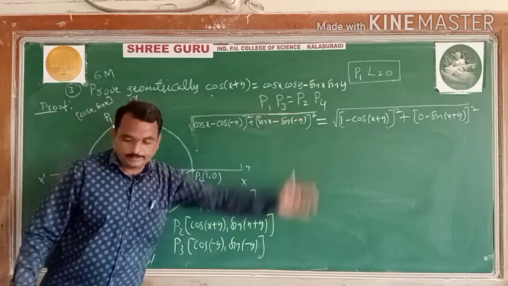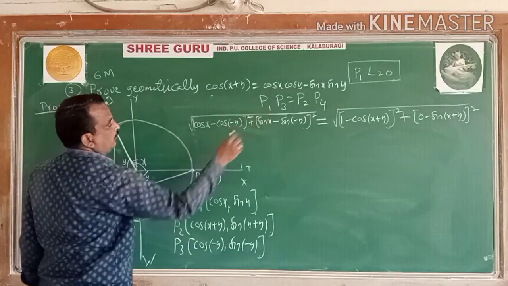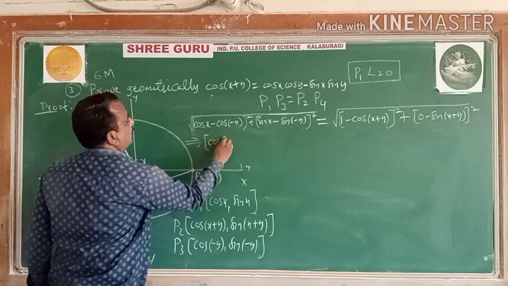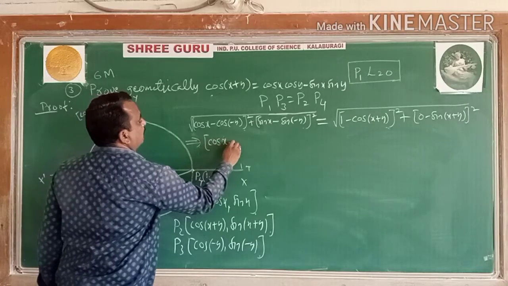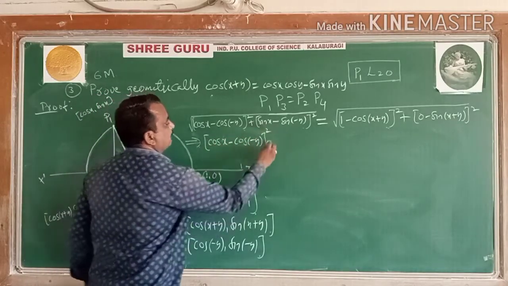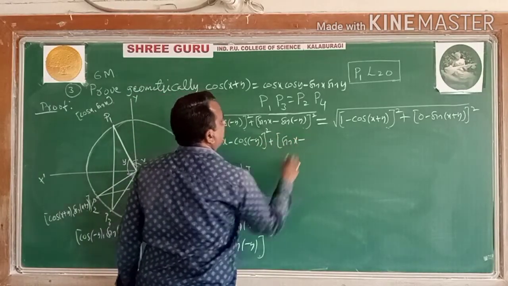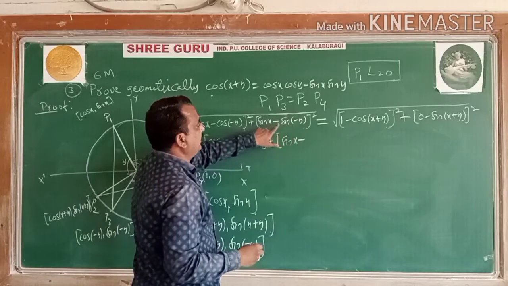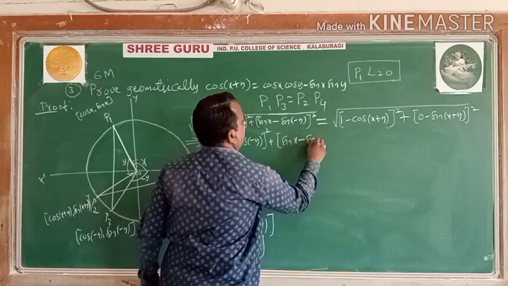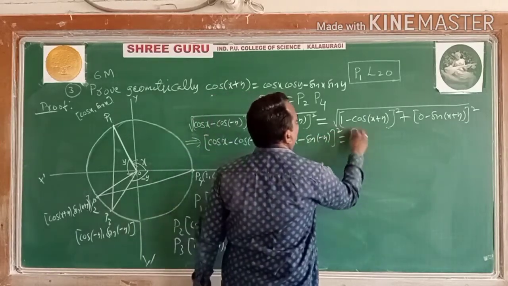Squaring on both the sides, both the square roots get cancelled, students. What remains? Cos x minus cos of minus y whole square plus sin x minus sin of minus y whole square.